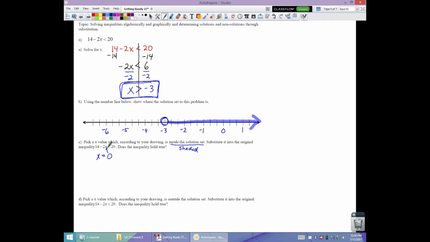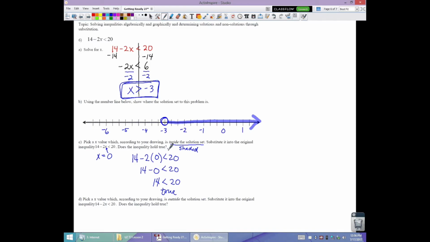Do I get something less than 20? Let's try 14 minus 2 times 0 less than 20. Well, 2 times 0 is 0. 14 minus 0 is 14, less than 20, and that is true. So, does the inequality hold true? Yes.